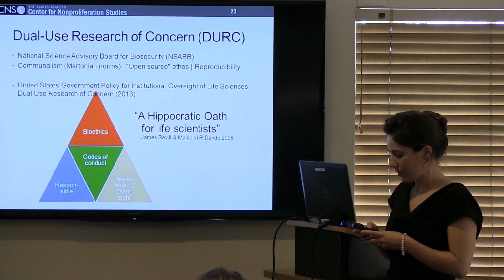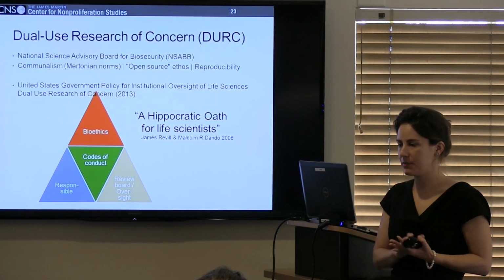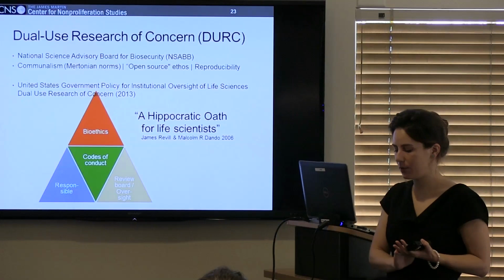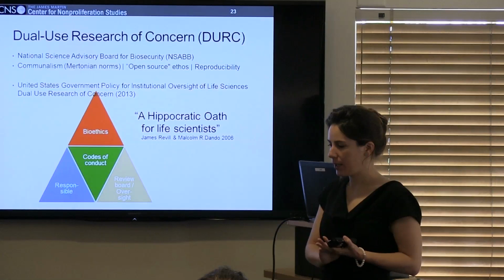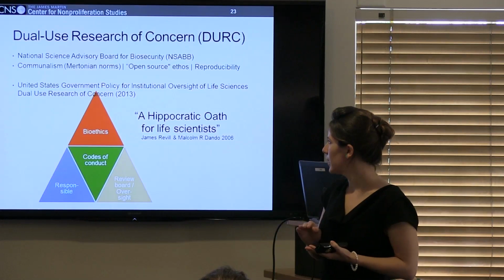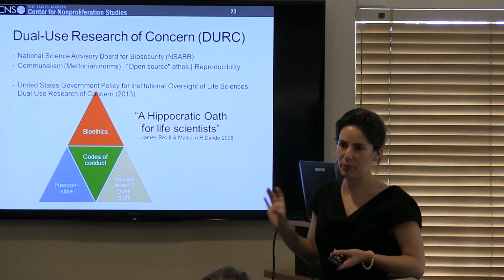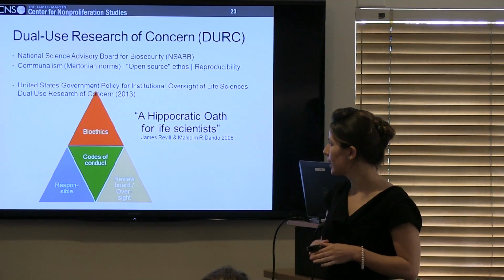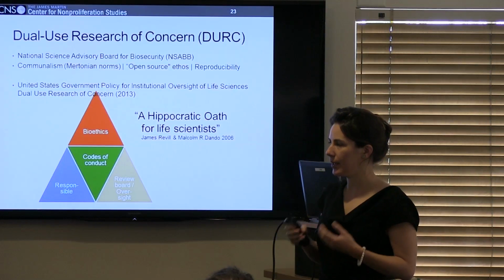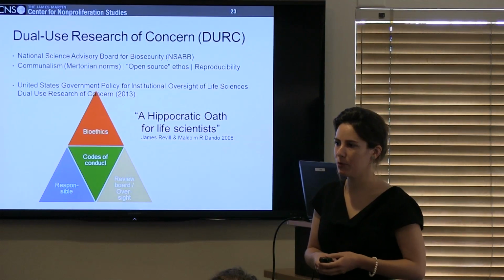So the current way of thinking is to ask scientists that if they are going to use biological agents that are classified, as well as conducting certain experiments that are considered of potential dual use, they need to get the approval of their institution and go through a review process.